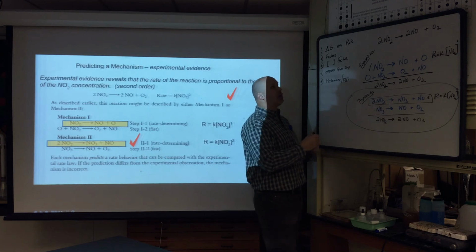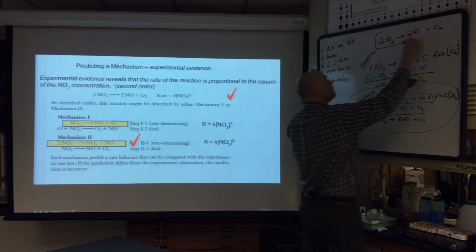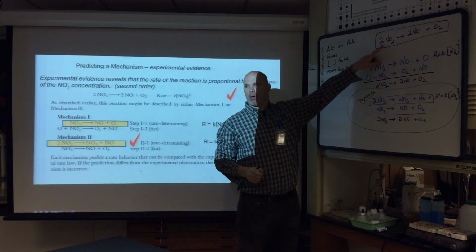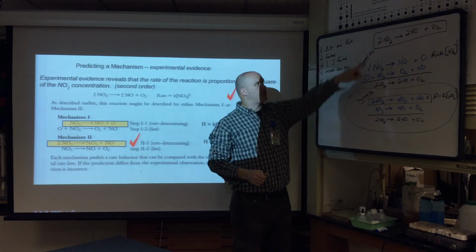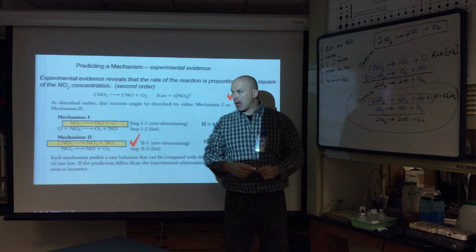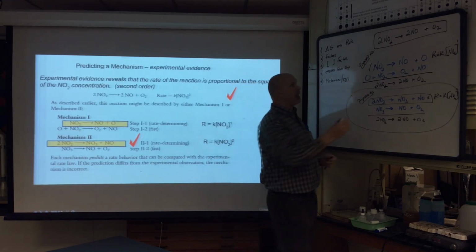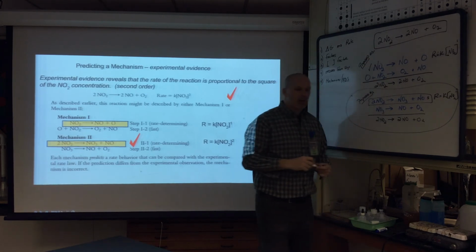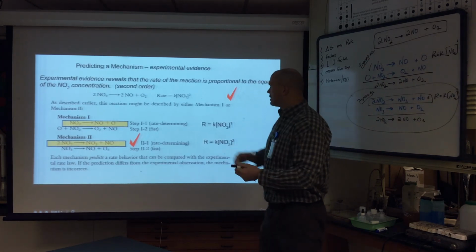But we cannot look at the reaction and say, oh, that's clearly second order. You don't know if it's a single process or these steps here. It just so happened that it did match this up, and that's how we go about doing this further. So this is the beginning intro.